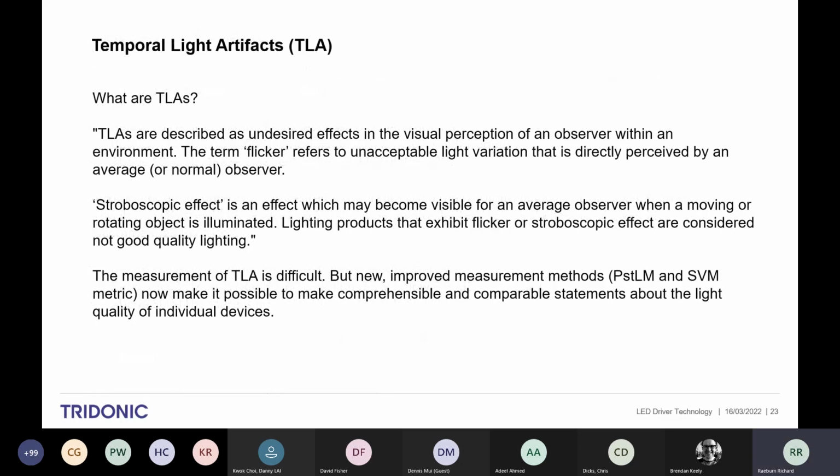And then, TLAs, you may have heard the term, temporal light artifacts. Excuse me while I just have a drink.